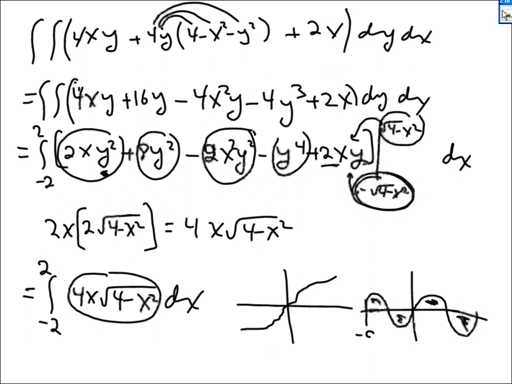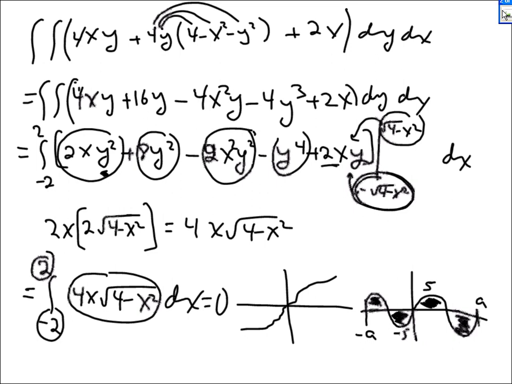Well, if you go from negative a to positive a, the areas cancel out. This area and this area cancel out. Maybe that area is 5, but this area down here is negative 5. And since we're going from a negative number to the same positive number of an odd function, this is 0.